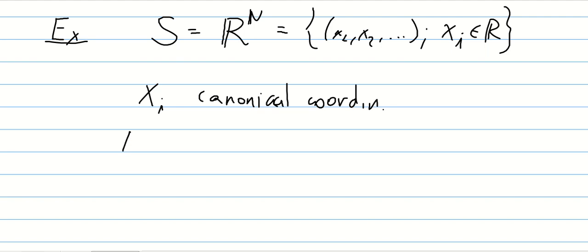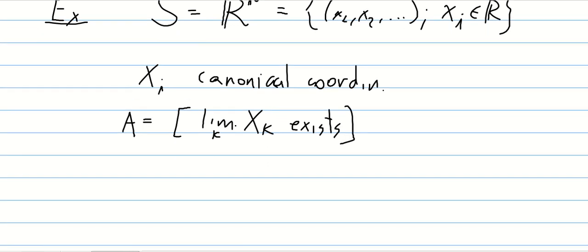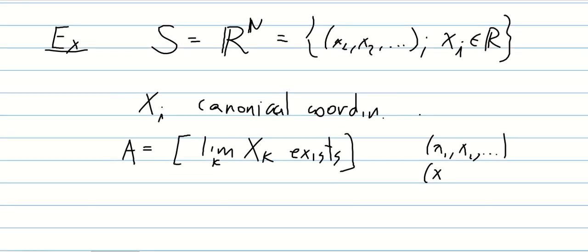So what are the types of invariant events we can come up with? A, for example, could be the event that the limit in k of xk exists. So this is something that, if it happens for the sequence x1, x2, and so on, and we shift this sequence, and phi here is the shift. Forgot to say what phi is.